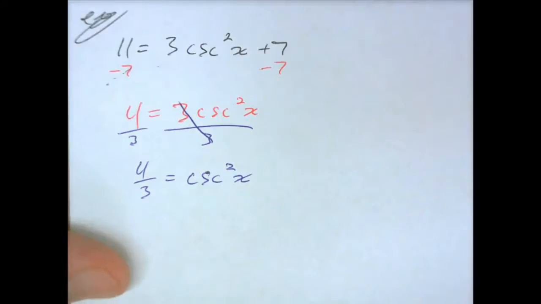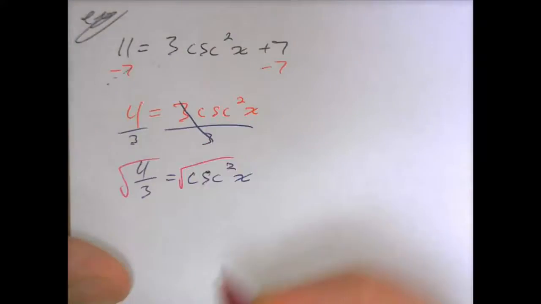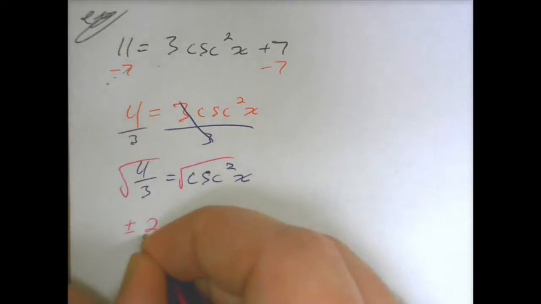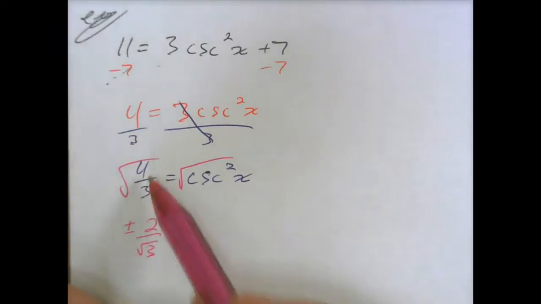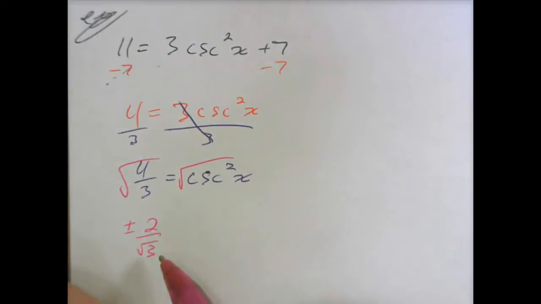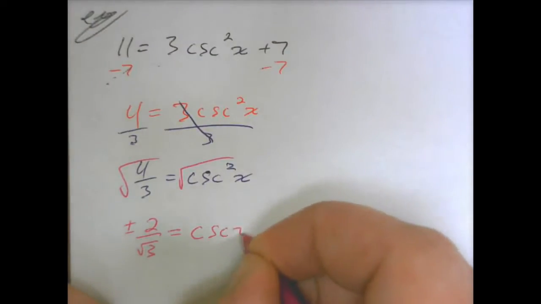How do I get rid of the squared? I take a square root. If I take a square root, I must put positive or negative. So it's plus or minus 2 over square root 3. Yes, square root of 4 is 2, and square root of 3 is square root of 3. Equals cosecant x.